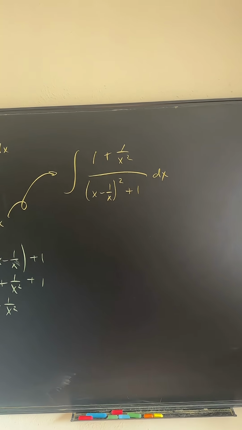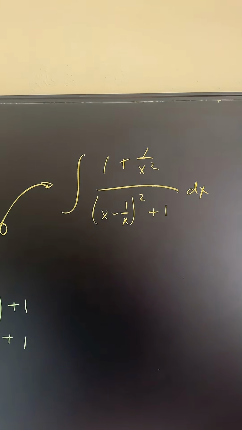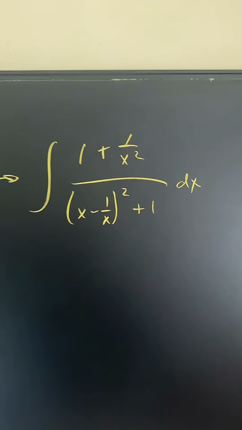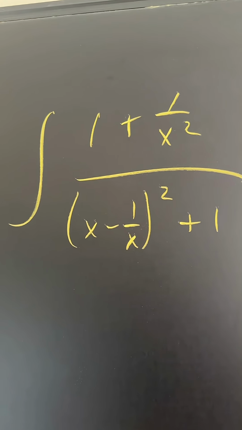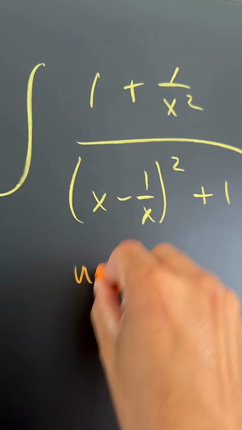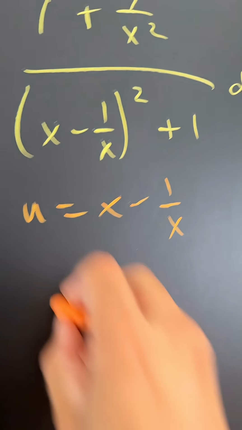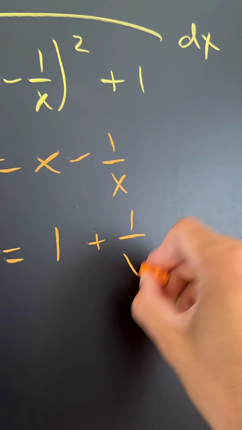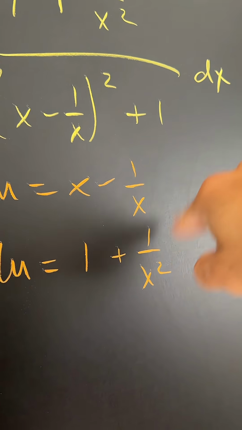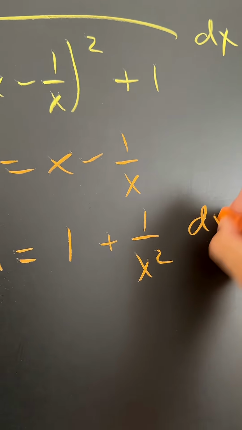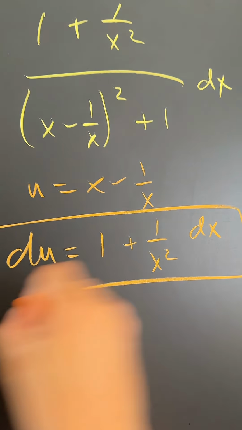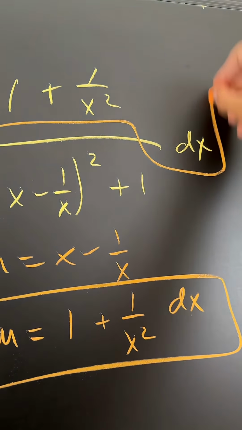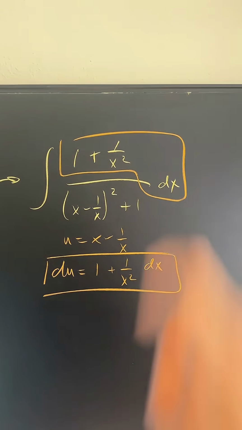Okay, that's really nice, wouldn't you say? Now, let's talk about what this is going to become. Well, we can make this value our u, this stuff inside the parentheses. u is equal to x minus 1 over x, and our differential du will become 1 plus 1 over x squared. Definitely practice how to find the derivative of this with respect to x. Look at this. This is our differential. We have it right here. That entire thing is our du.